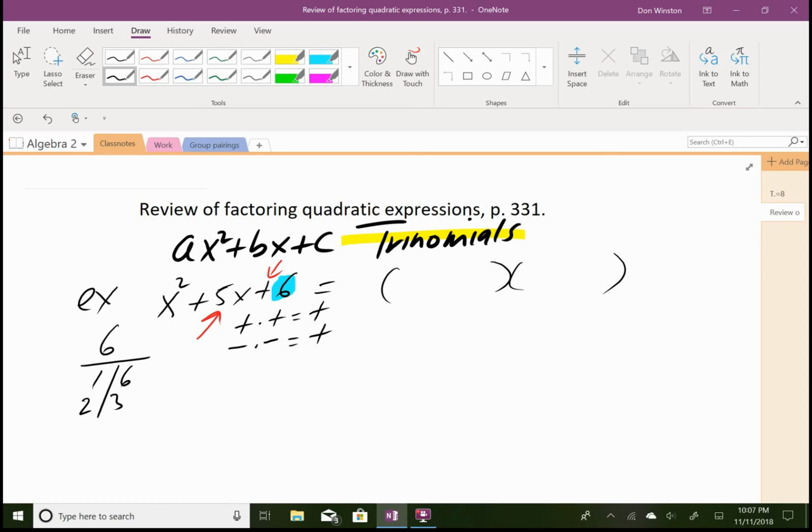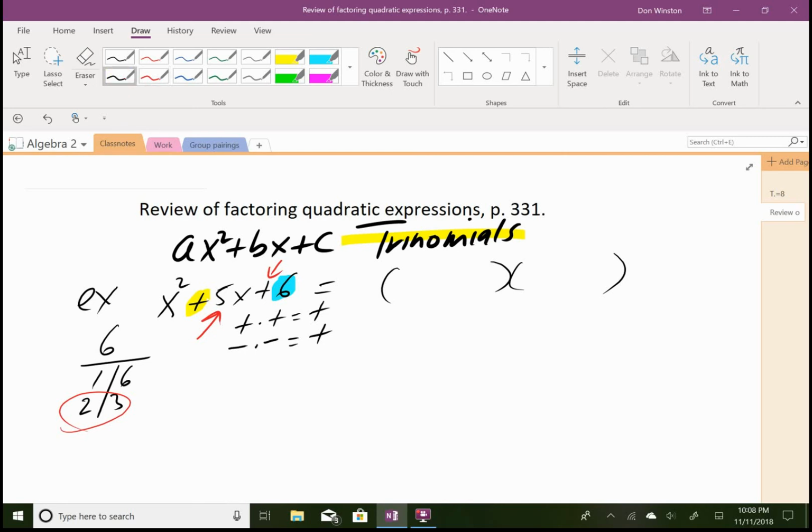Which case is it? Is it positive times positive or negative times negative? Well, it's positive times a positive, and how do I know that? Because the middle term there, the b term, is positive. Okay, so factors of 6 that multiply, and when added give you 5, are 2 and 3.